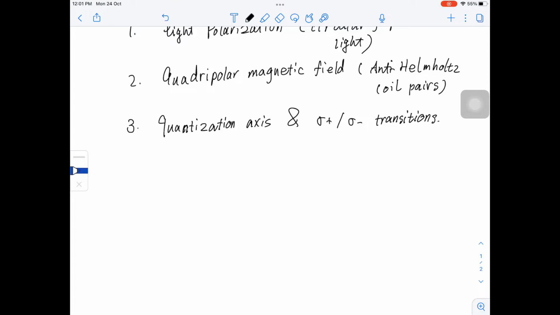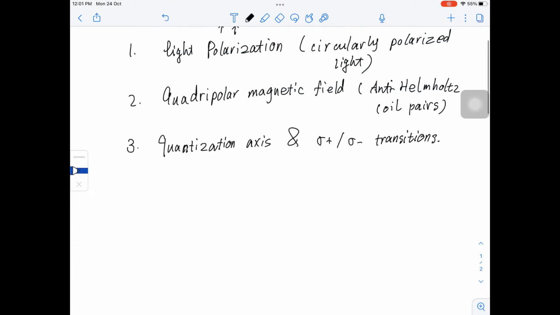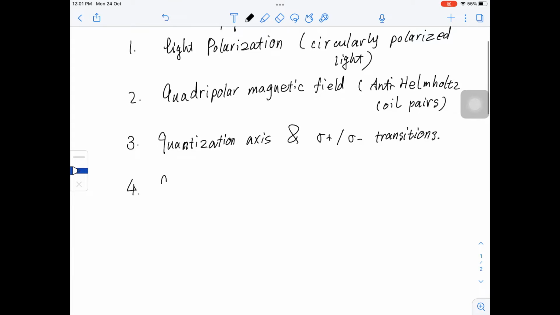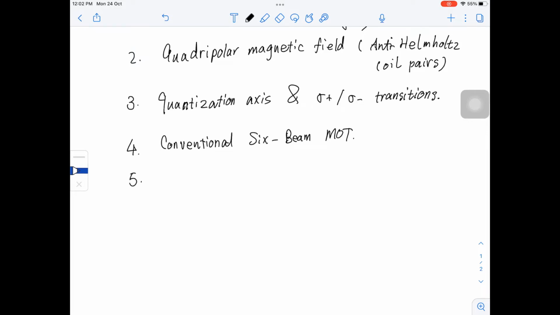Once we have all these 3 components, we can then talk about the conventional 6-beam MOT. Another conventional configuration for forming the MOT is also very popular, that is the 3-beam.